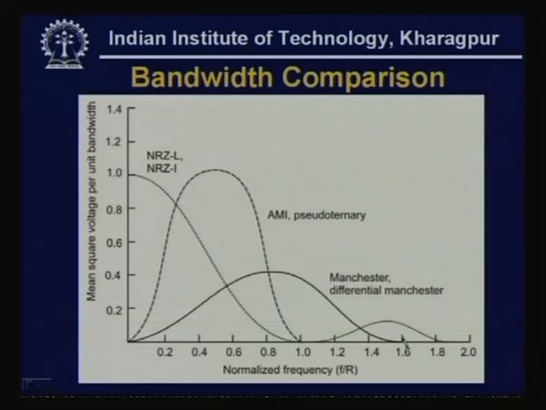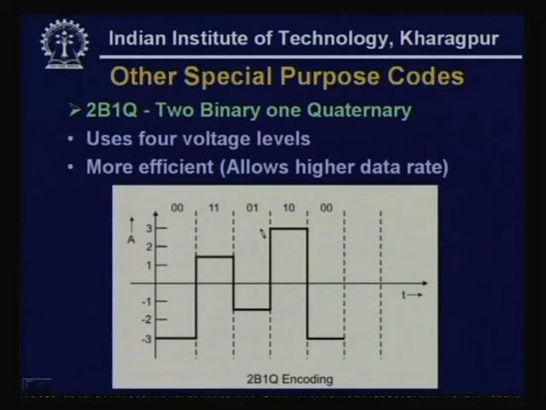However, they have higher bandwidth. The AMI and pseudo ternary codes have lesser bandwidth and a very good frequency spectrum. Most of the energy is centered around the middle of the frequency and there is no DC component, as you can see. So, this is the bandwidth comparison of the different encoding techniques that we have discussed.